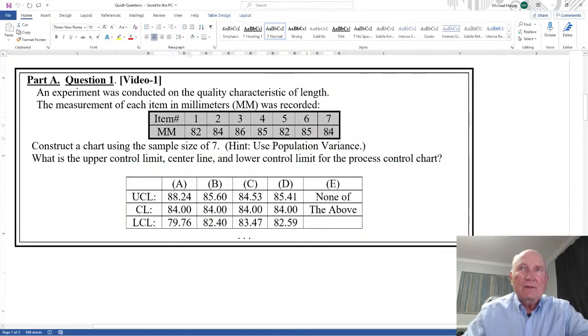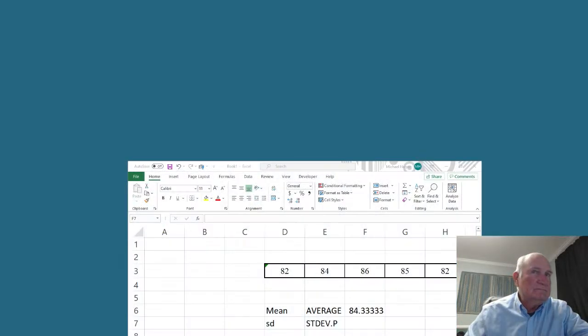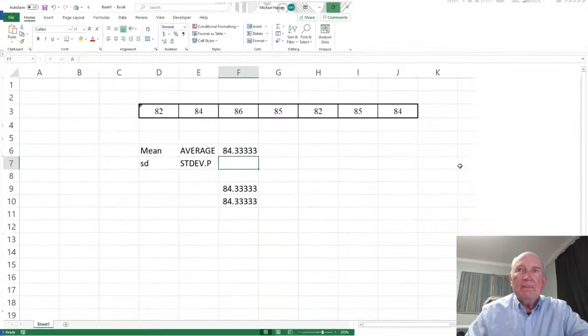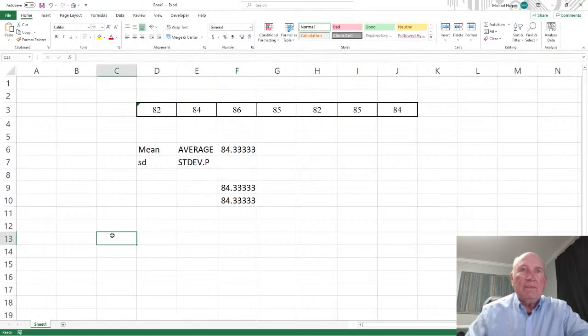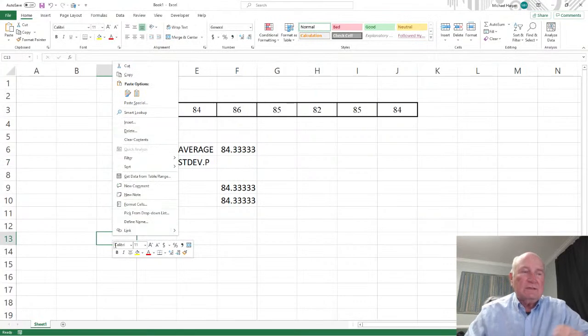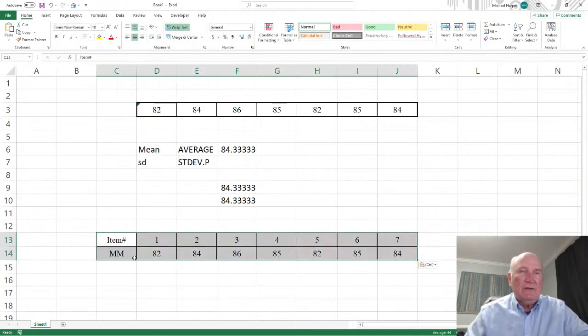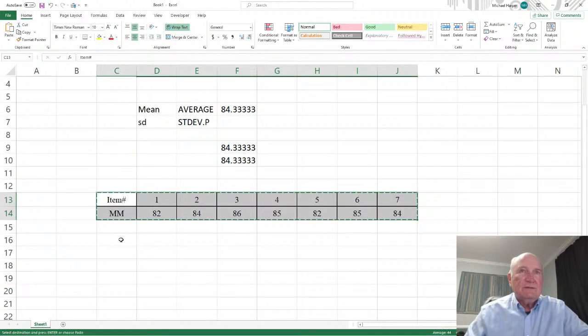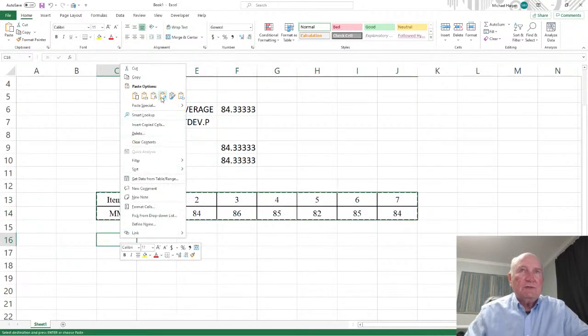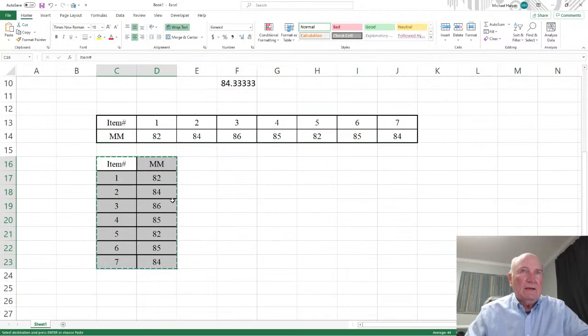Okay, here we go. Control C, copy this thing. Okay, let's bring Excel back. Here we go, and let's come down here and put it in here. There it is. Copy this, transpose it, and that way make a vector out of it.